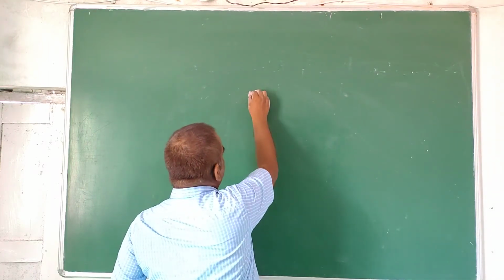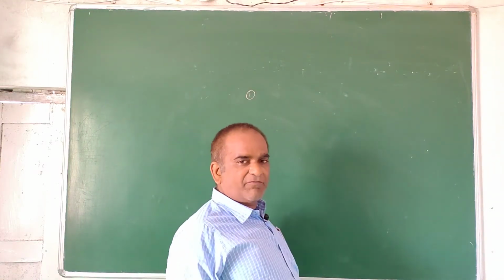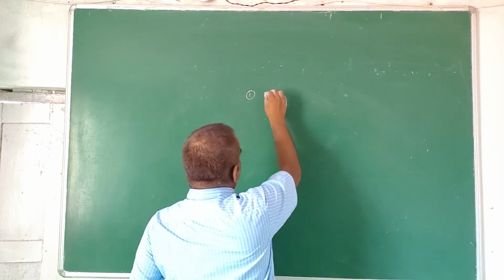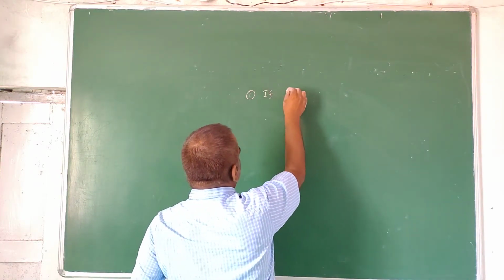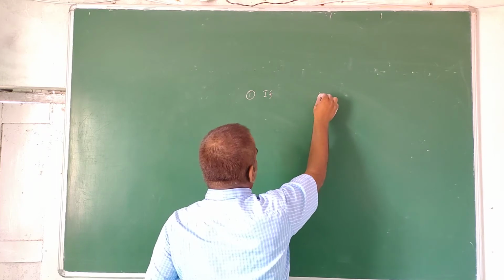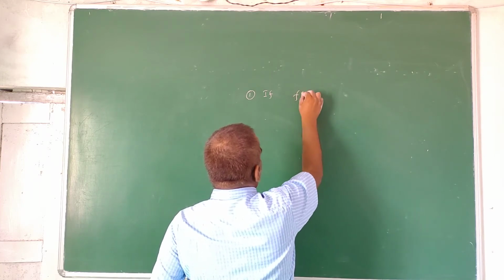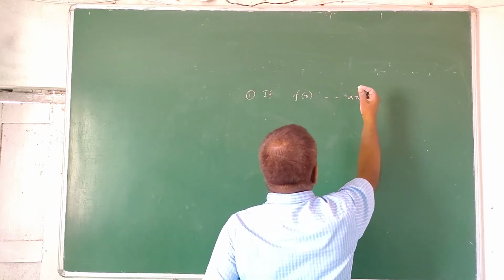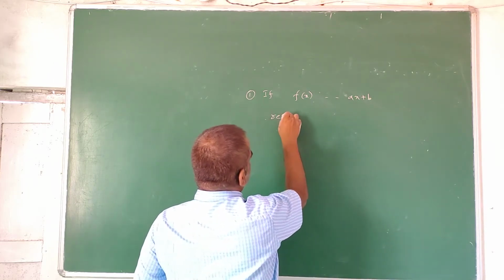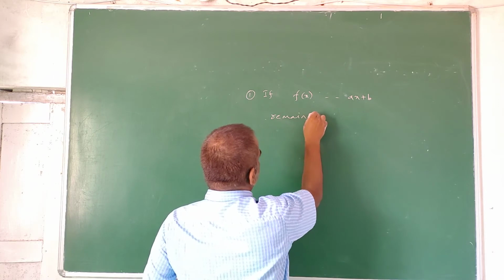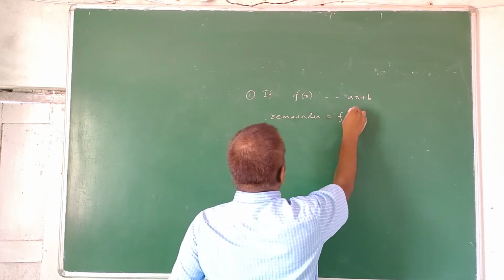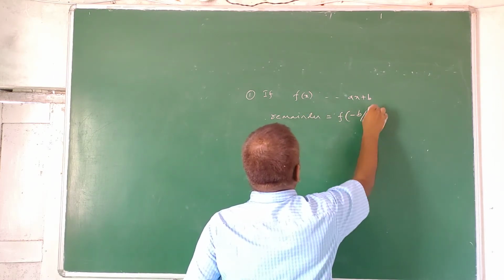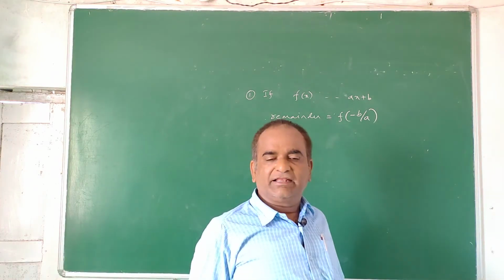As note number 1, if f of x is divided by ax plus b, the remainder is f of minus b by a. Little extension.